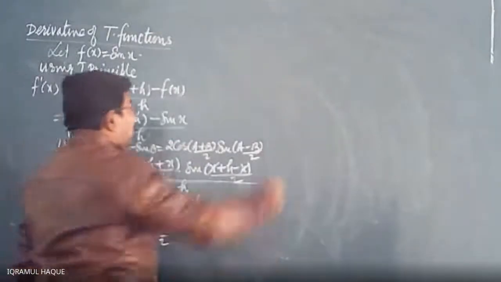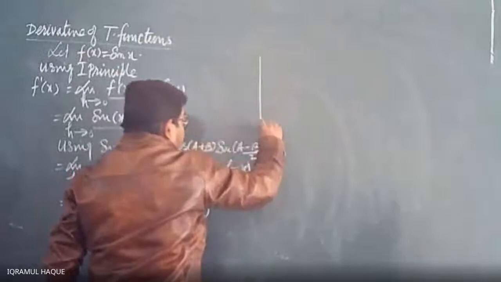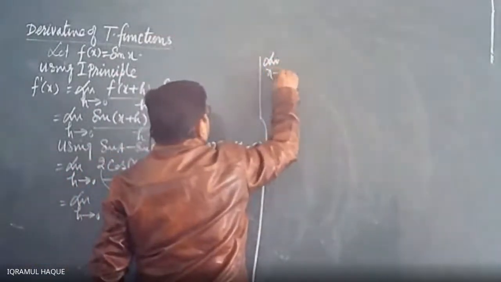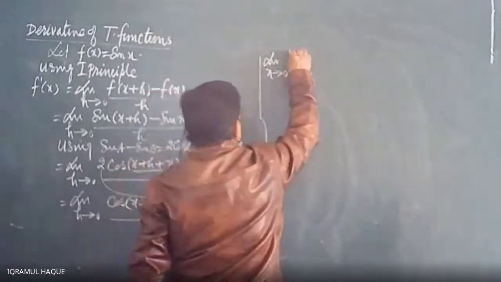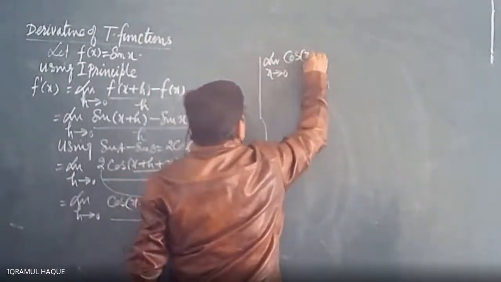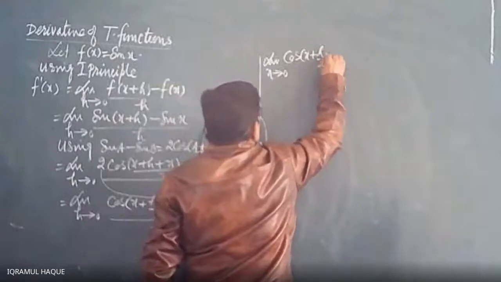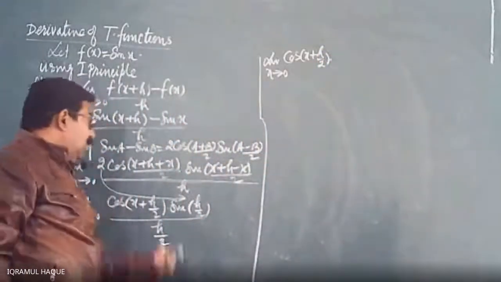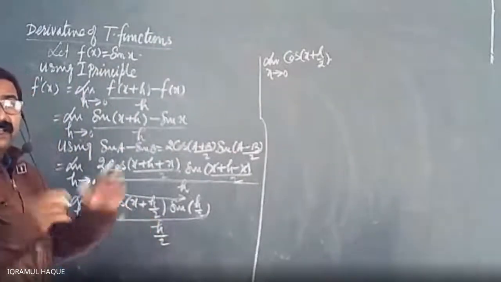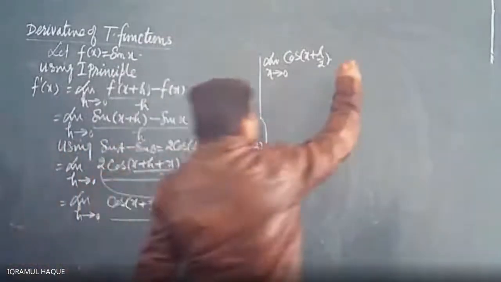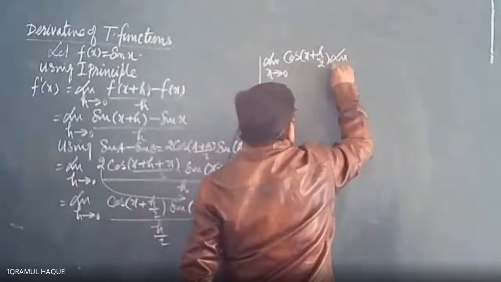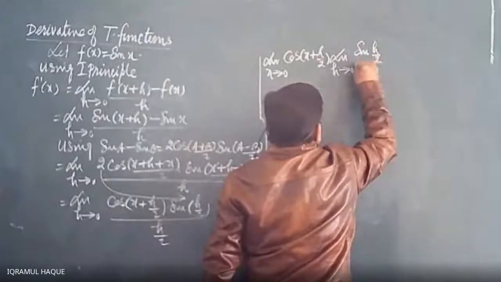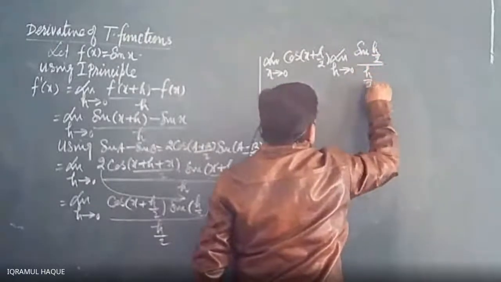So what is the final result? Limit h tends to 0, cos(x + h/2) into, as I told, in case of limit, when two functions are given together that can be separated, we can write limit h tends to 0, sin(h/2) upon h/2.